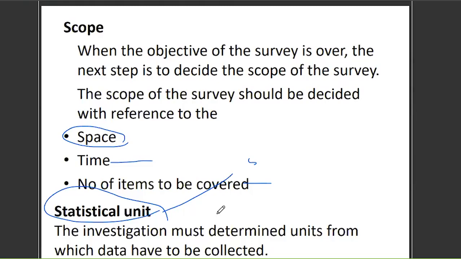What is the kilogram of harvest during that season? Likewise, what is the statistical unit you are considering? Or if you are going to do a study based on water, then 10 milliliters of water is our sample or statistical unit. Or if you are going to do a study on computer speed, then per computer is our statistical unit. Likewise, we have to define.